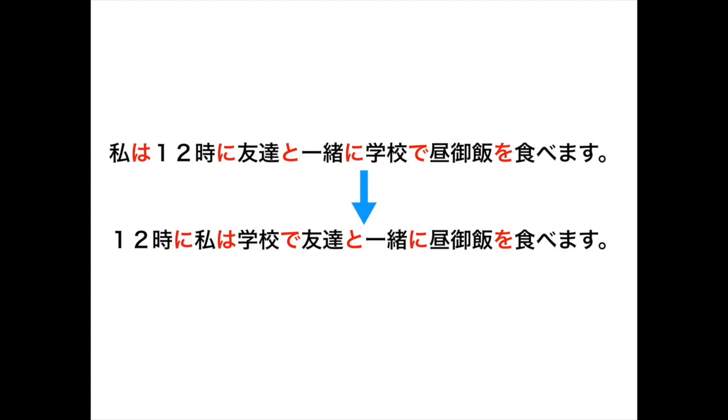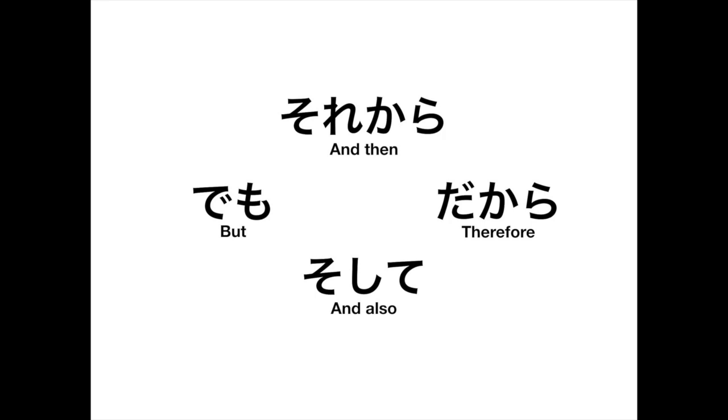Okay, so anyway, bonus real quick. These help you connect sentences together, and so if you want to say a sentence and then say another sentence, you can put this in the front of the second sentence and it'll sound a little more natural. So here we have それから, which is and then, we have demo, which is but, and the next one is だから, which is therefore, and the one on the bottom is そして, which is also or and also.